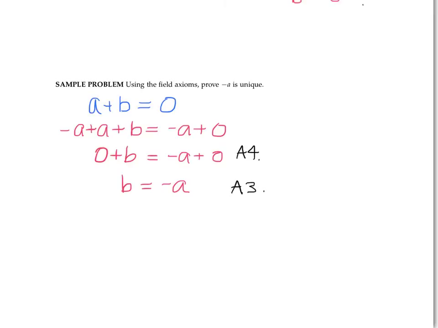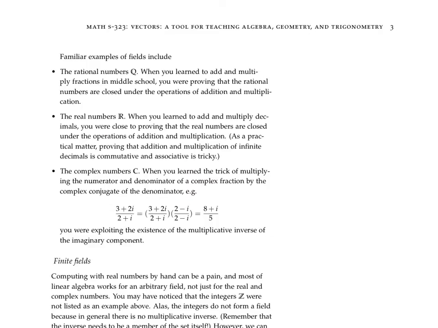Let's take a look at some more common fields that we've been using forever and ever. Basically all of the math that we do in K-12 education and much of college is dealing with fields. The rational numbers are a field.